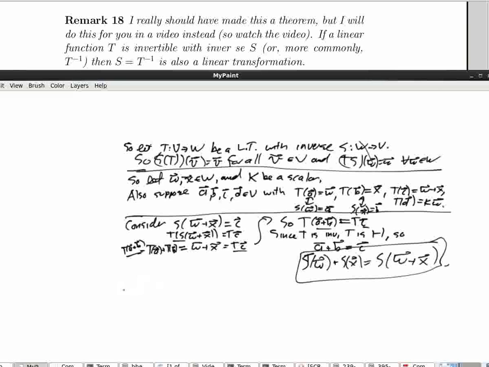And now I just need to consider, by a very similar game, S of KW, which equals D by this equation right here. I'm also going to consider K times S of W, which equals K times A. So I can apply T to both sides here.